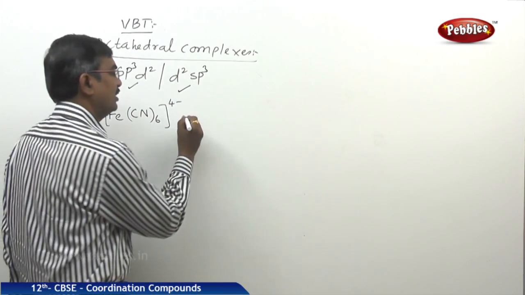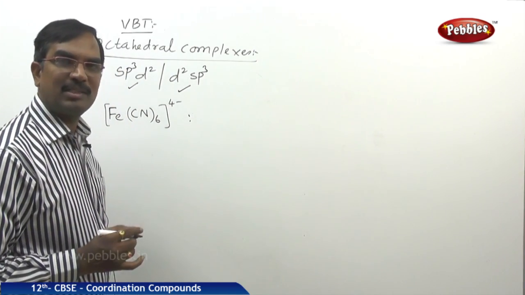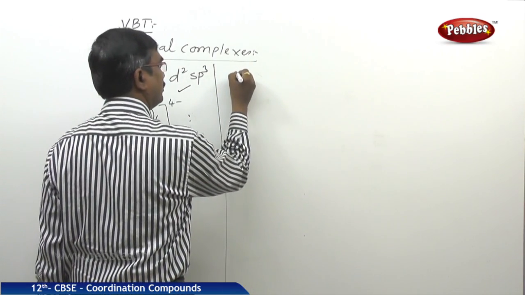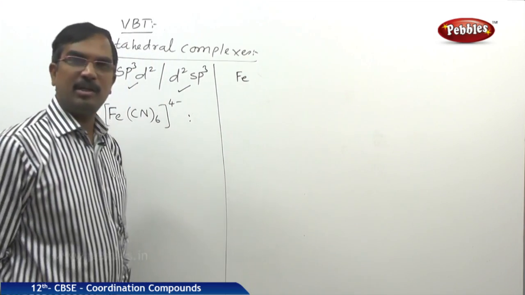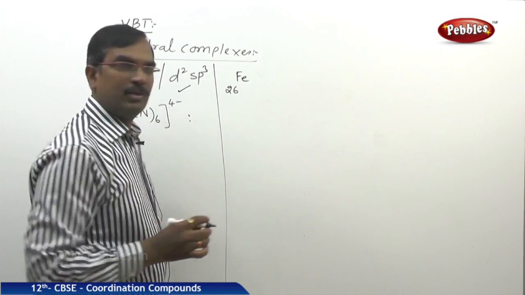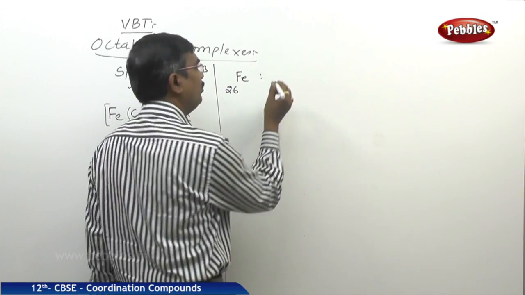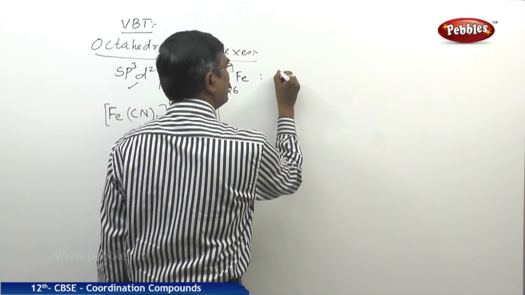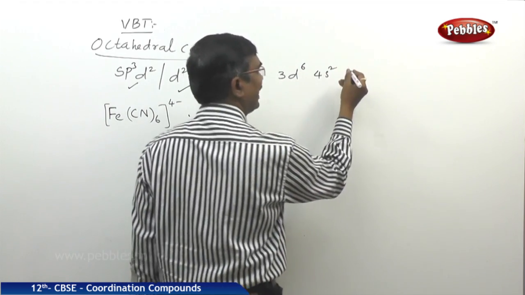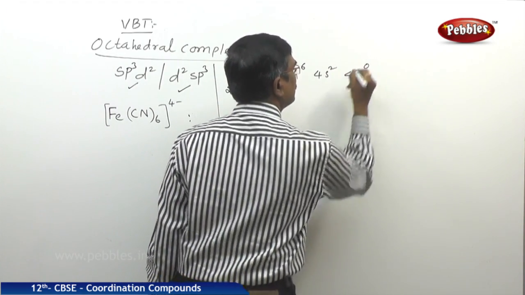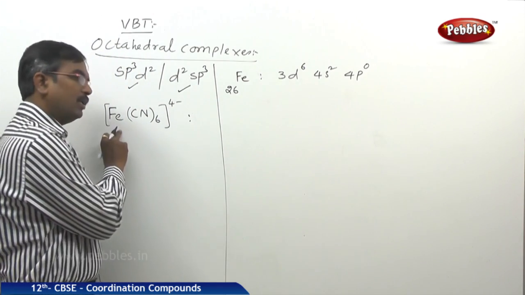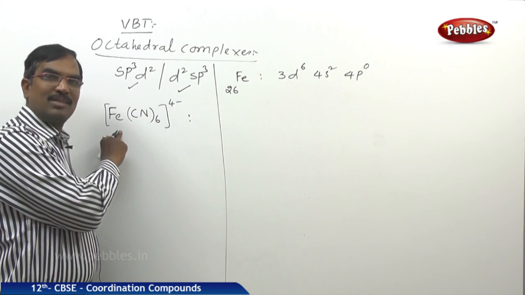Iron has atomic number 26, and in the atomic state it has the 3d6, 4s2, 4p0 configuration. I'm sure we are aware that iron is in the +2 oxidation state.